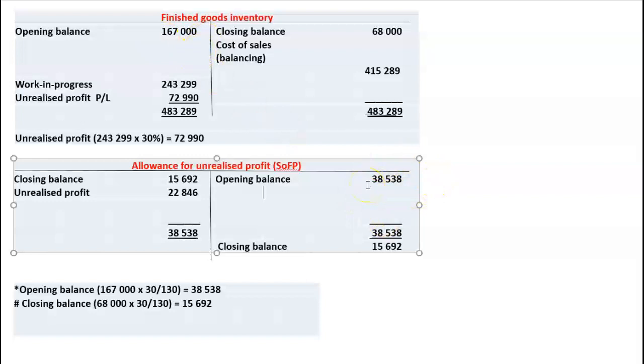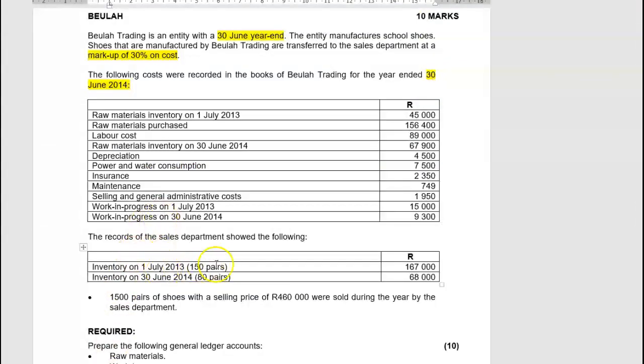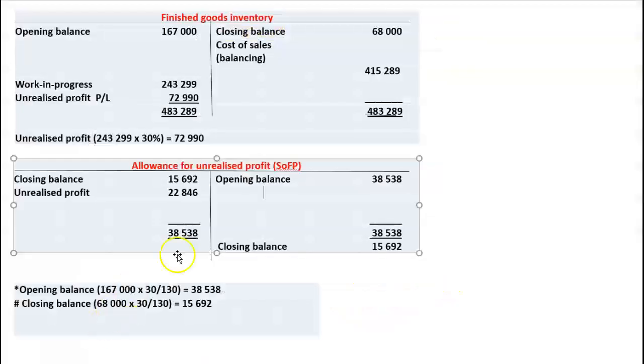Good. Now the next one is our closing balance. Before we get to the closing balance, which we have already posted, they gave it to us: inventory at the end of the year, 68,000 Rand. We must also know that there's an unrealized profit component included in the 68,000 Rand.